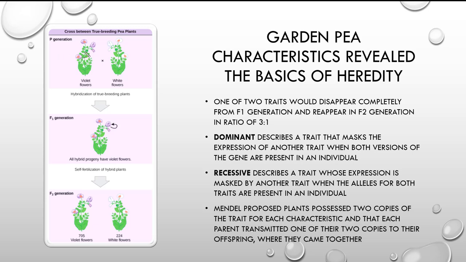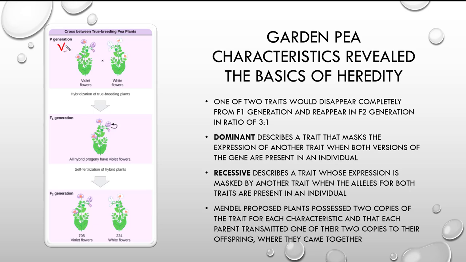Since this violet color is true breeding, that means this violet plant's parents were violet, its parents were violet, its parents were violet, so it's a true breeding variety. So both of its genes are violet.